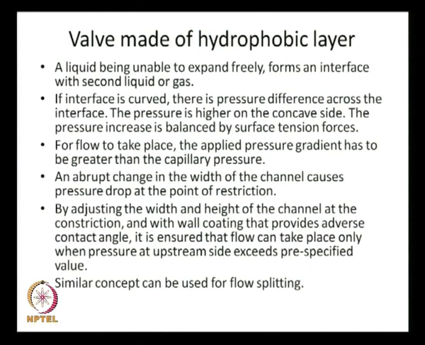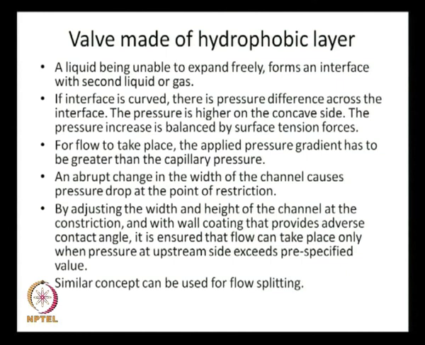Also, an abrupt change in the width of the channel causes pressure drop at the point of restriction. So, by adjusting the width and height of the channel at the constriction and with wall coating that provides adverse contact angle, it is ensured that flow can take place only when pressure at upstream side exceeds pre-specified value.